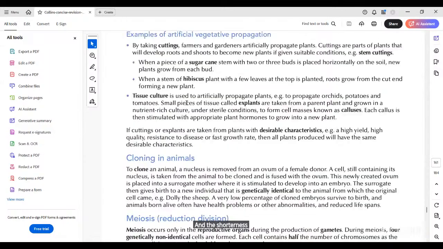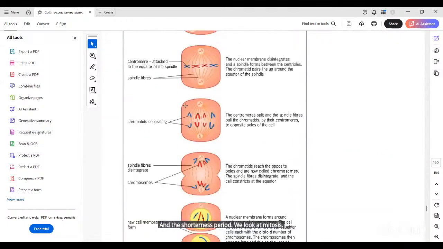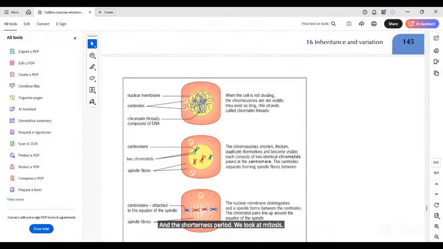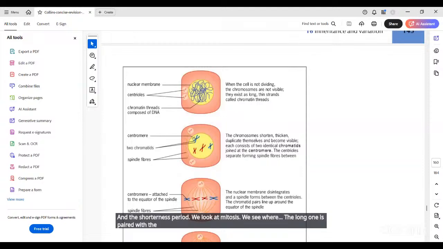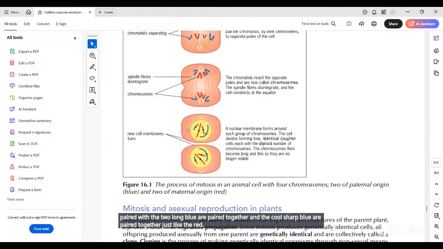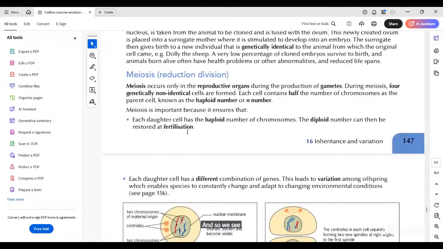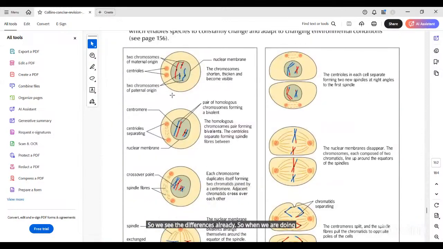We look at mitosis. We see where the two long blue are paired together and the two short blue are paired together, just like the red. So we see the differences already, and when we do the diagram we have to make the differences known.